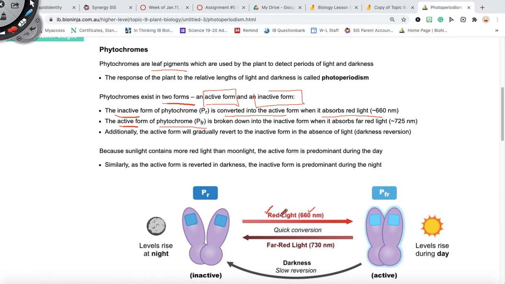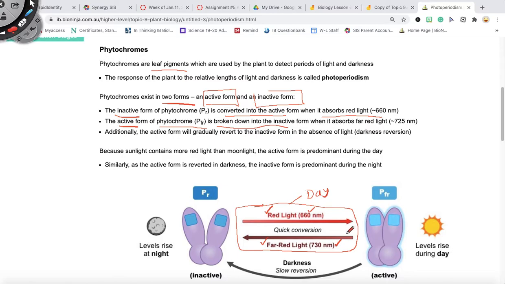It is converted into the active form known as phytochrome far red, or PFR. Now this PFR can be converted back into the inactive form when it absorbs far red light, of approximately 725 or 730 nanometers. This is happening simultaneously during the day.